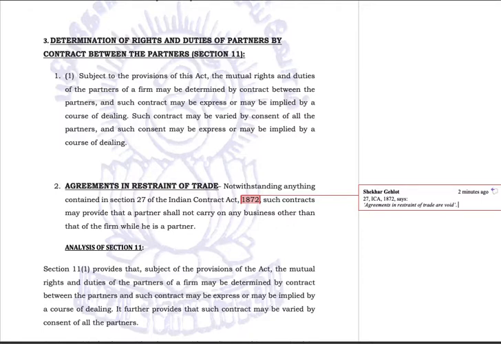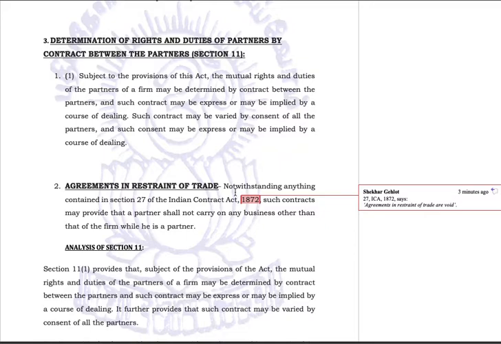So Section 27 says you cannot have an agreement which restricts someone from carrying on a trade. Then comes Section 11 of the Partnership Act, which says that notwithstanding anything contained in Section 27 of the Indian Contract Act.